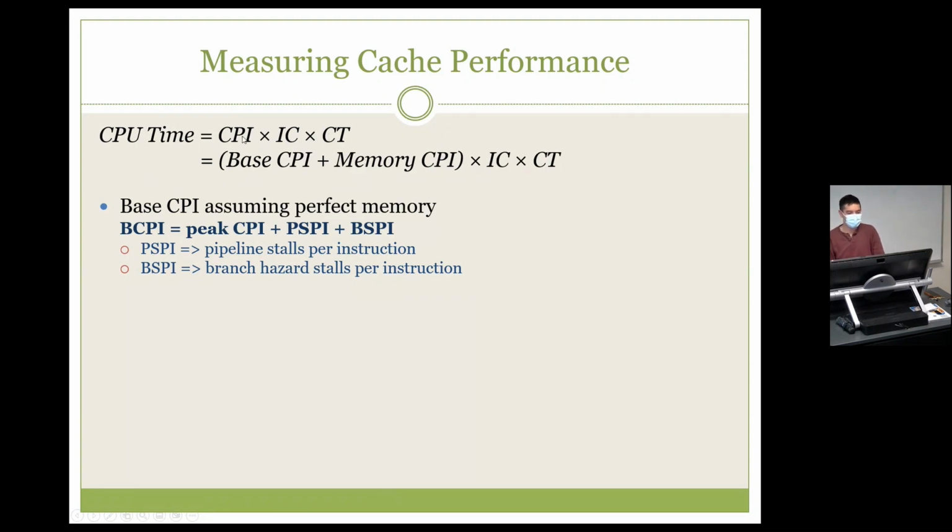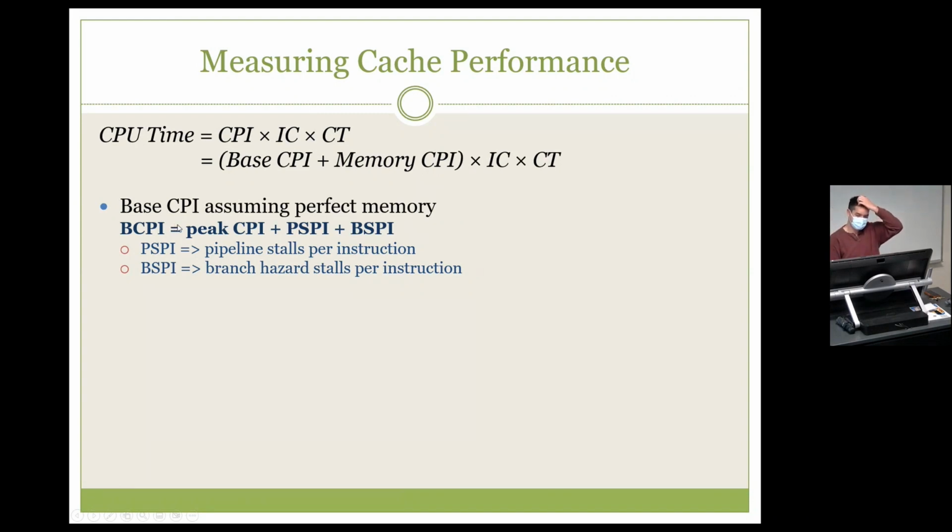And again, we can split up our CPI into multiple different components. One way we can do it is we can call everything else base CPI, and then think about the increase in CPI due to memory stalls.